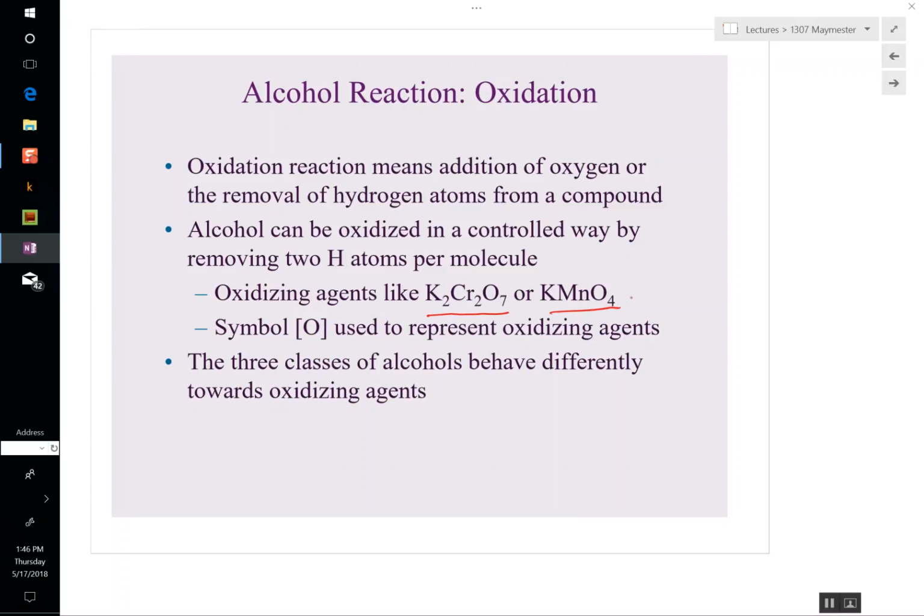But sometimes when we don't know or just want to say, okay, in the presence of an oxidizing agent, in general, without saying what that oxidizing agent is, we'll just put an O in brackets and we'll put it above the line, not as a reactant, but as an agent that's going to help drive this reaction.